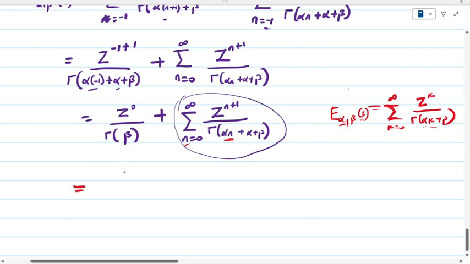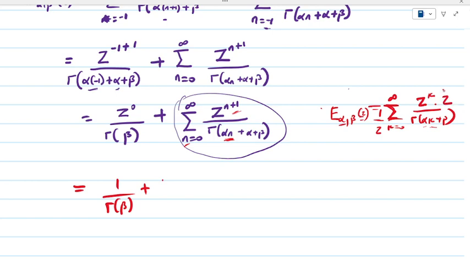So first of all the result is 1 over gamma beta plus, then we have that, and also we can see vividly that for our n plus 1, in order for it to match our previous solution, we have to multiply this by 1 over z and multiply it also by z. So that will give us k plus 1.